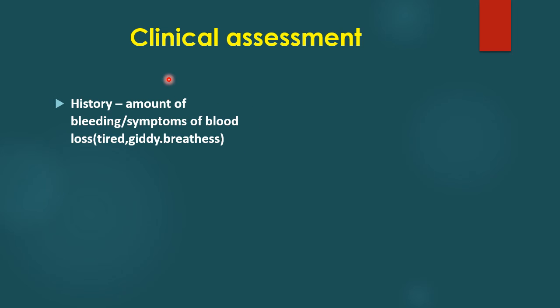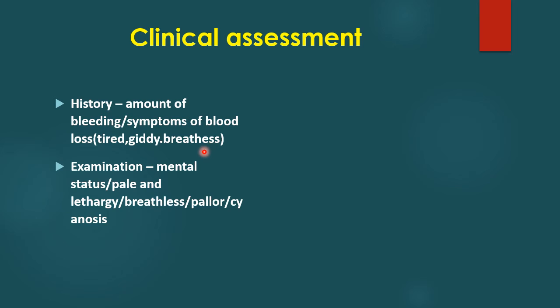This is done through a good history, recording the amount of bleeding, length and duration of bleeding, and also symptoms of severe blood loss like tiredness, giddiness, and breathlessness. Then a thorough examination is necessary to evaluate the mental status, pallor, lethargy, breathlessness, and cyanosis.